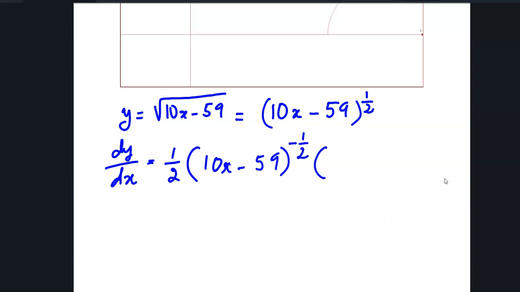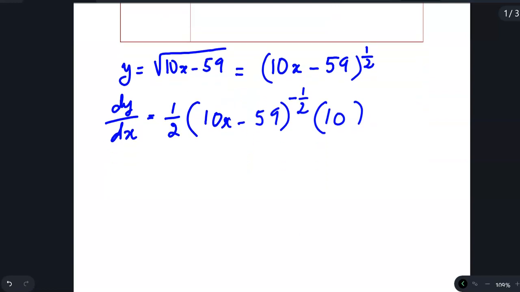And then I have to multiply by the derivative of what is inside the brackets. So the derivative inside the brackets, the derivative of 10x is 10. The derivative of 59 is equal to 0. Right? So after I find the derivative of this function, I'm going to simplify it.